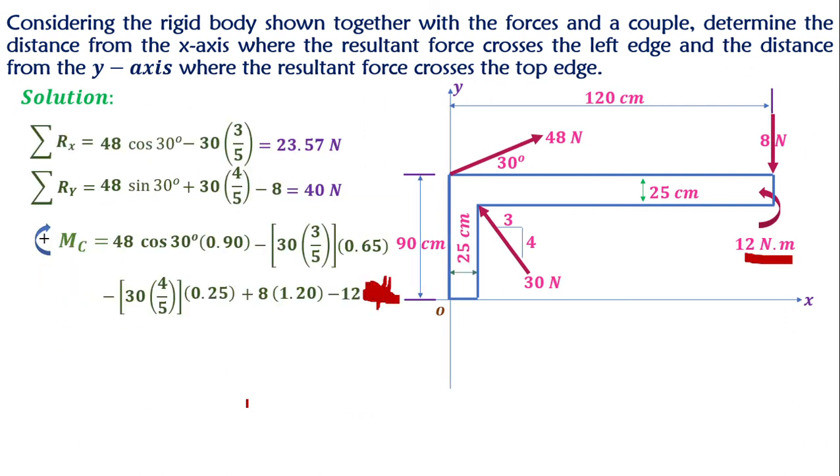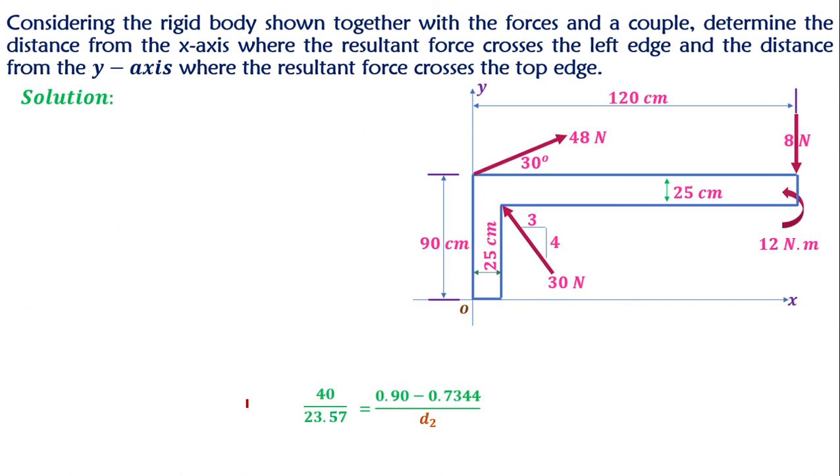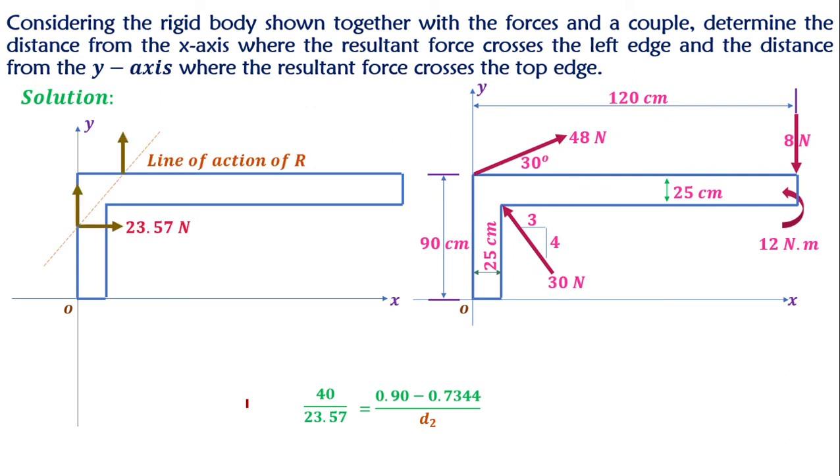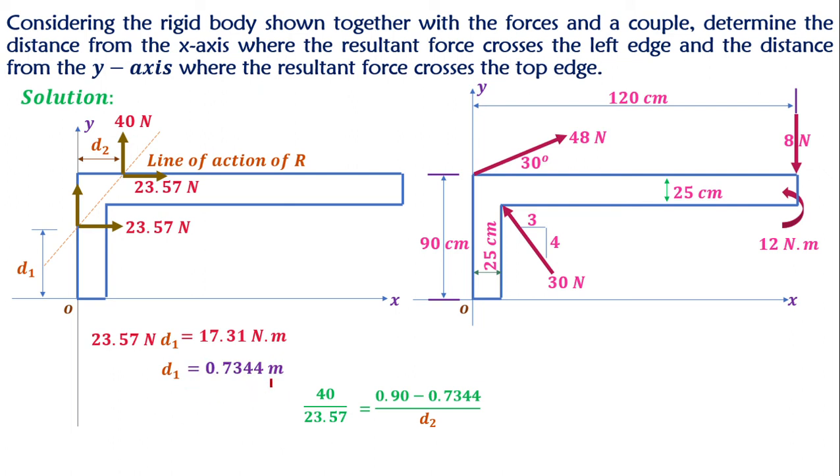Check natin. Ayun o. Ayan, di ba? Yung kasing couple is equal to FD, di ba? O, ganun lang yun. Kasi baka mamaya, saan nang galing yun naman yun, di ba? Kasi F natin is 23.57. So, masasolve natin D1. So, we have 0.7344 F. Okay, next.